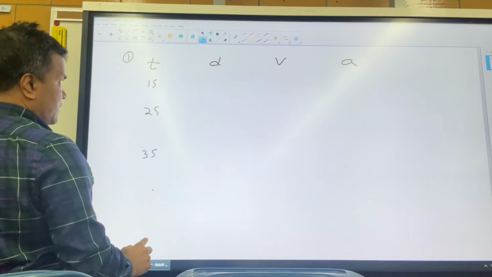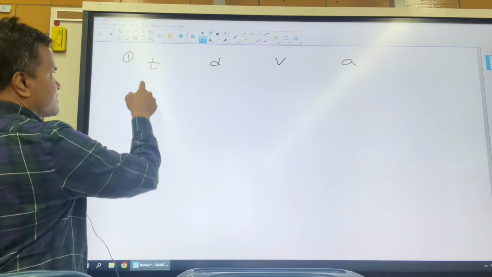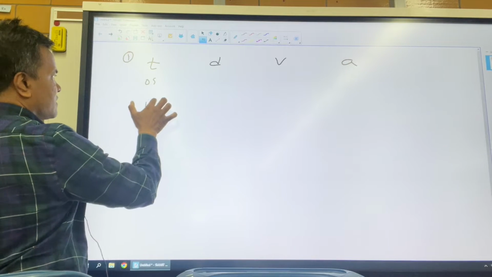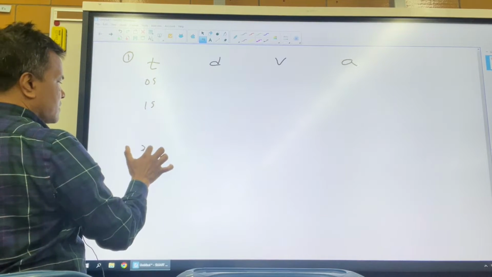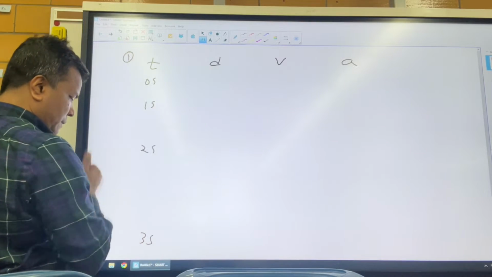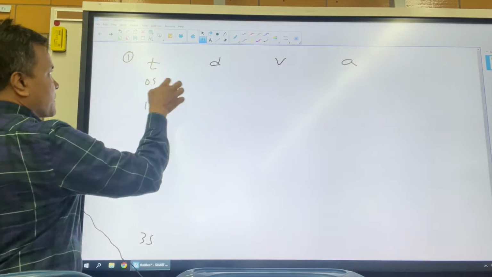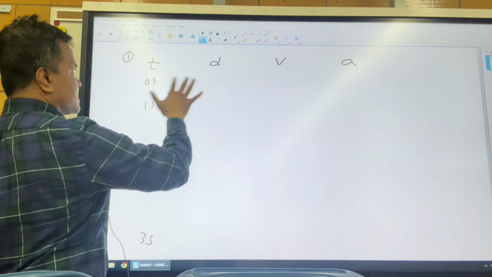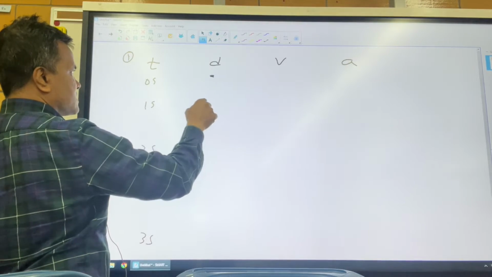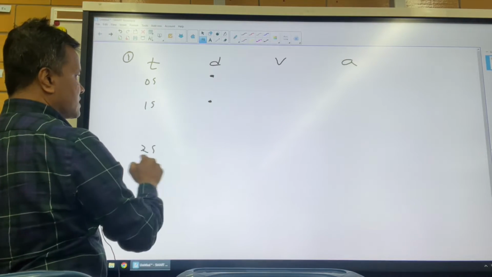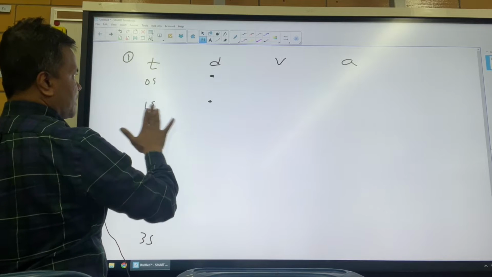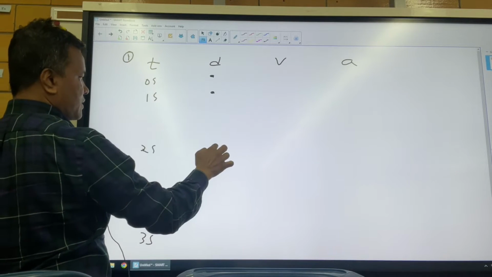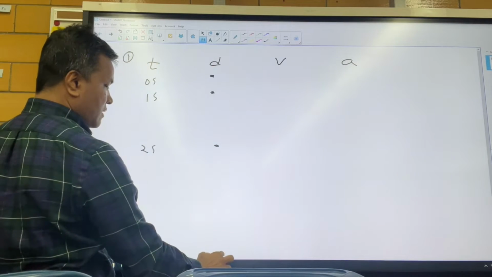Now let's start with 0 second, end of 1 second, end of 2 second, end of 3 second. At 0 second, the distance is here, and the distance at end of 1 second is here. The distance at end of 2 second, I'm going to make it closer, over here. End of 3 second, I'm going to have it over here.